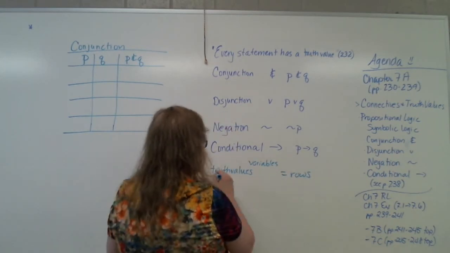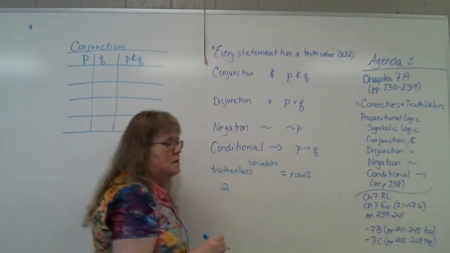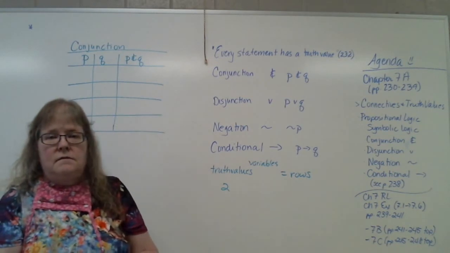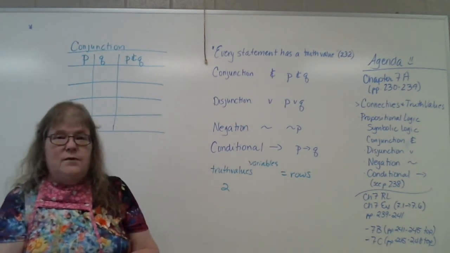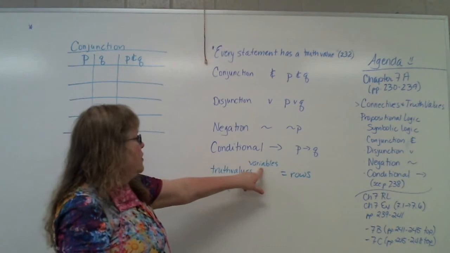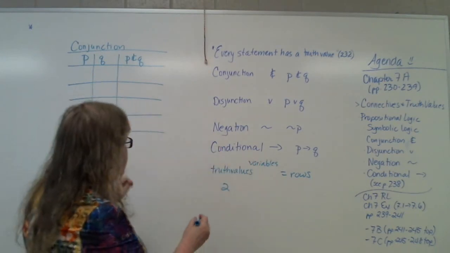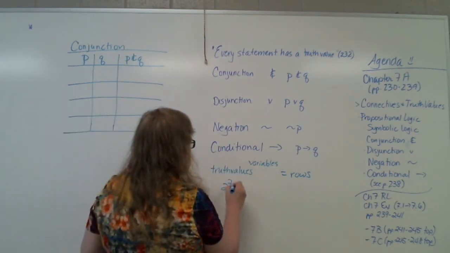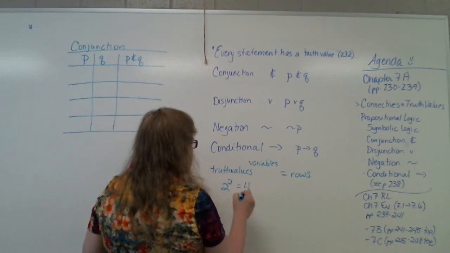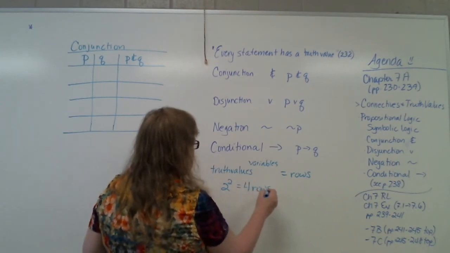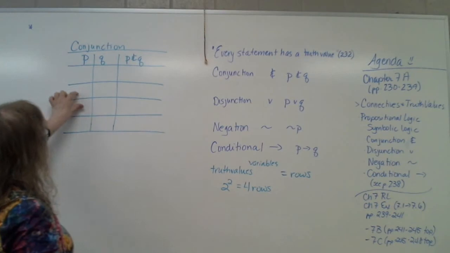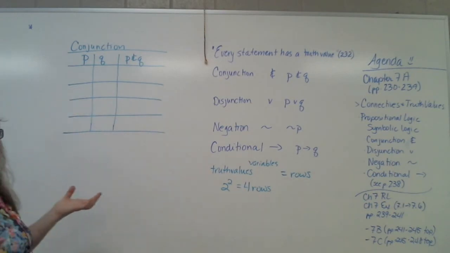So the good news is truth values is always 2, true or false. That's it. No maybes, not in deductive anyway. Now my variable numbers, I have 2. So 2 squared is 4. So that's how many rows I need: 1, 2, 3, 4. Now how do I know what letters to put in there?